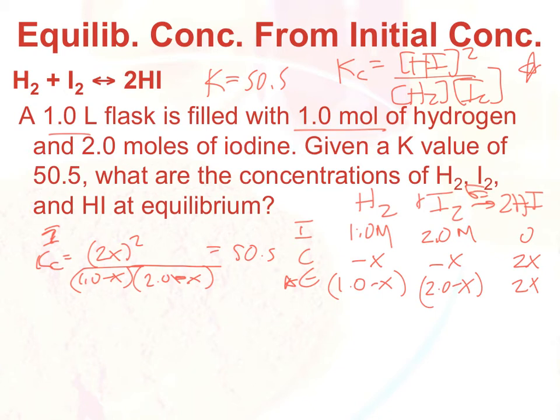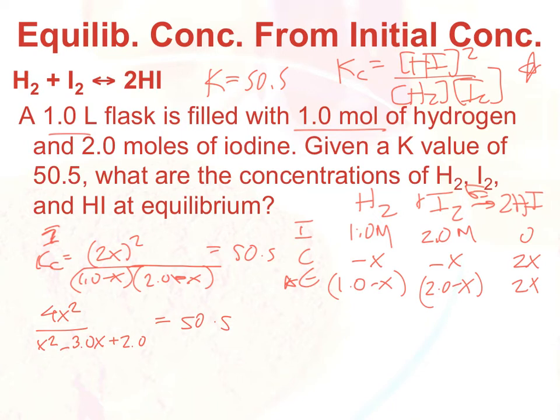We will have 4x squared on top, and on the bottom, when we FOIL this out, we're going to get x squared minus 3x plus 2, and that's going to all equal 50.5.